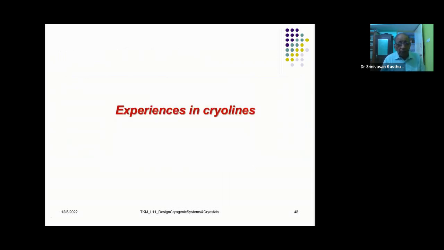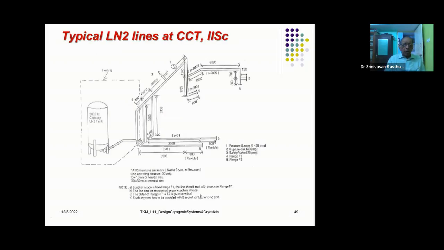Okay, what are our experiences in cryogenic transfer lines? I would like to spend a couple of minutes on this one. We have been able to make LN2 liquid nitrogen transfer lines at our center. This transfer line carries the cryogenic fluid from the main storage tank, which is kept outside the department, to the cryogenic plants for liquid helium plant operation.